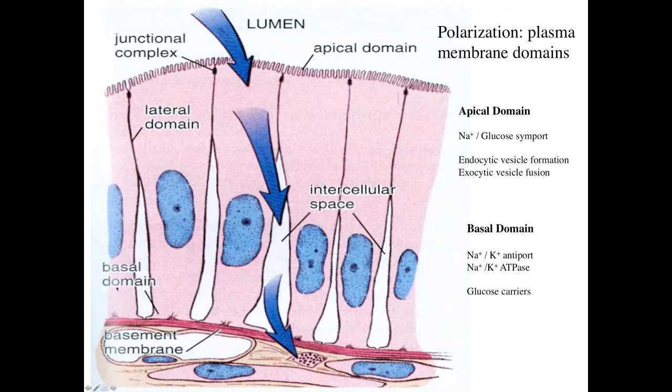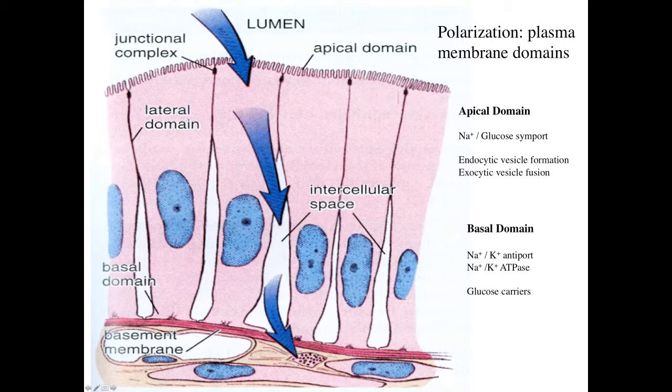This cartoon gives an example of polarization of epithelial cells with respect to plasma membrane domains. So you may be bringing material into the epithelial cells from a lumen, and these materials may transport across the epithelial cells and may be exocytosed at the basal side of the epithelial cells.